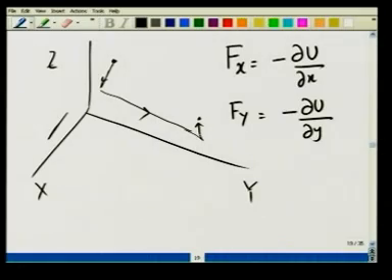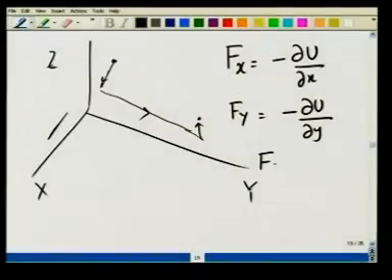And similarly, when I move along the z-axis, the only component of the force that changes the u is the z component, and therefore, this is partial of u with respect to partial of z.